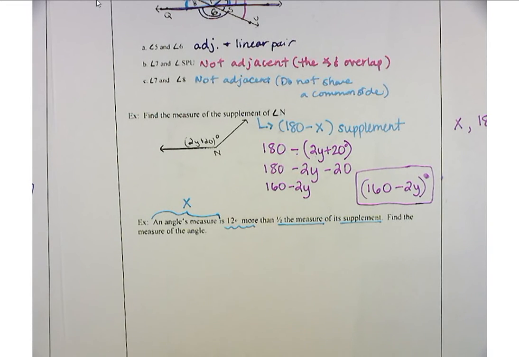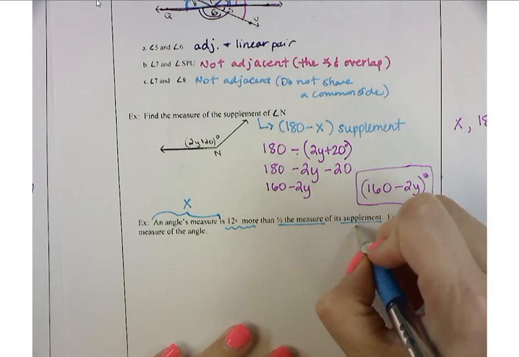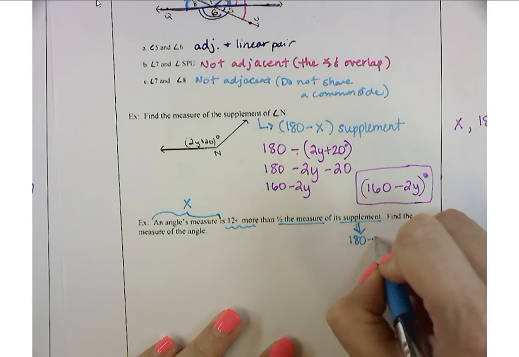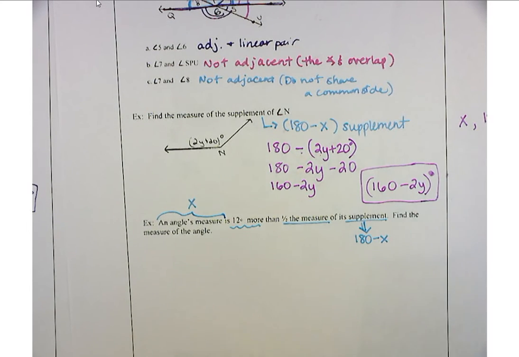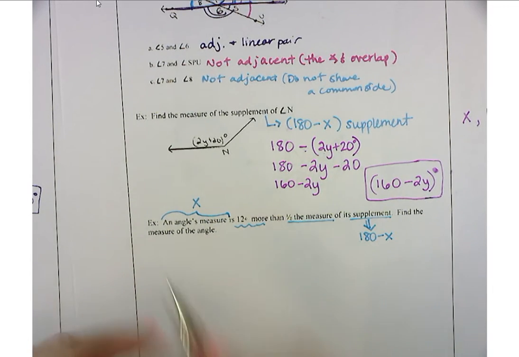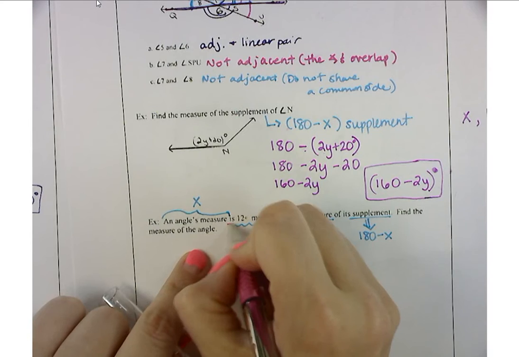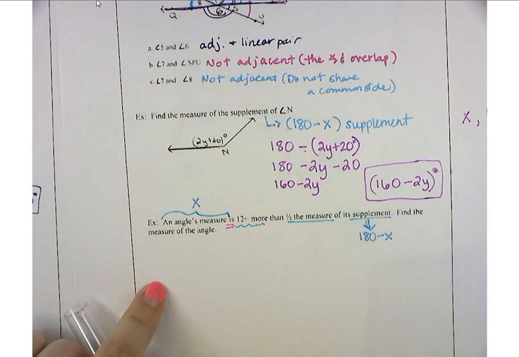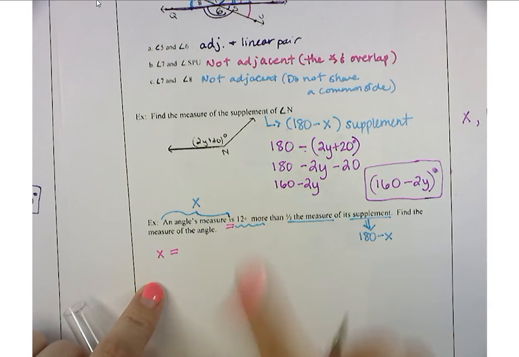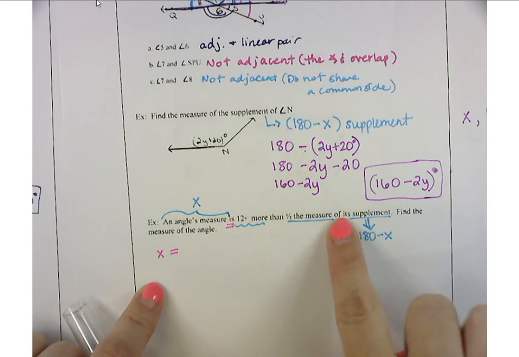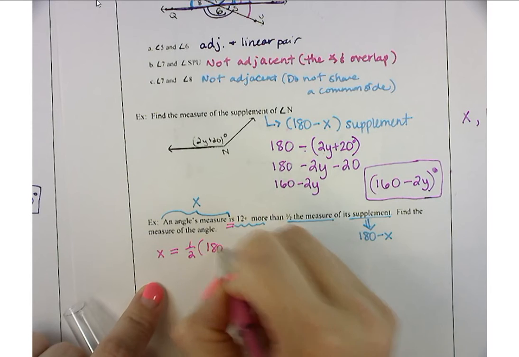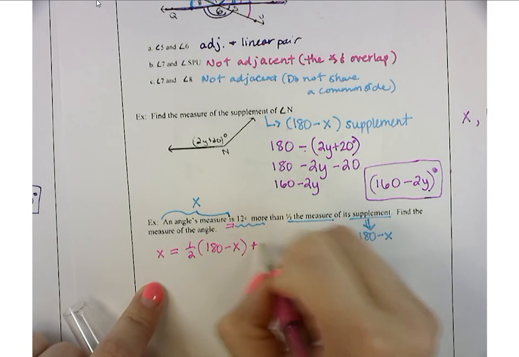If we know that that angle is x, then we just talked about above how the supplement would be 180 minus x. So now we're going to set up our equation. So it says an angle's measure is. Remember that the word is in math is an equal sign. So an angle's measure is would be x equals 12 degrees more than half the supplement. So half of the supplement would be 1/2 times 180 minus x. And then the 12 more is just going to be plus 12.